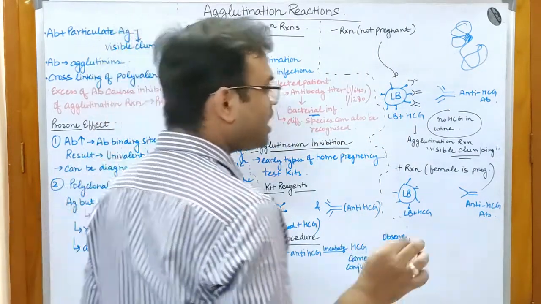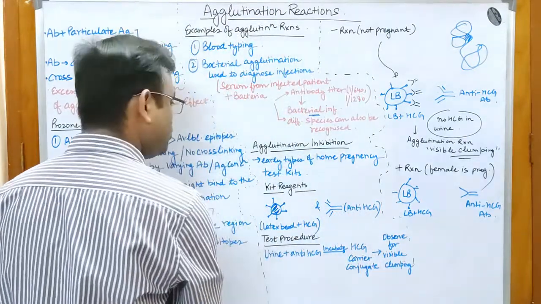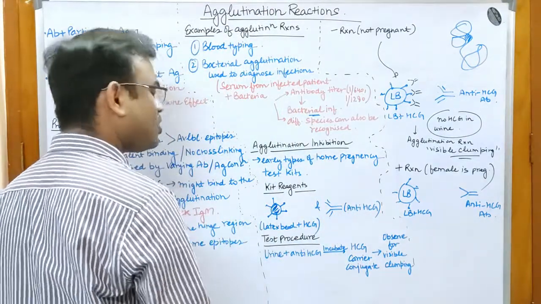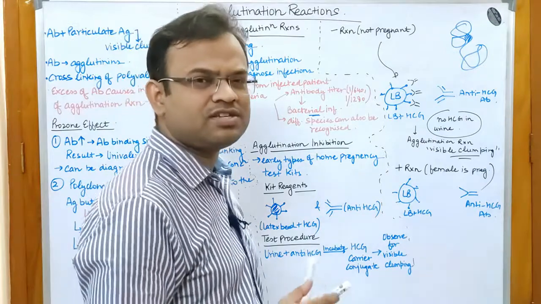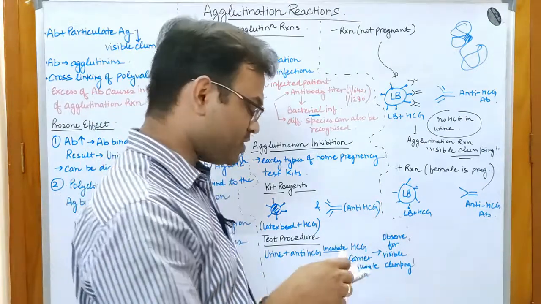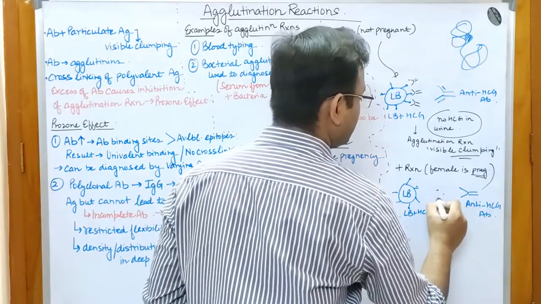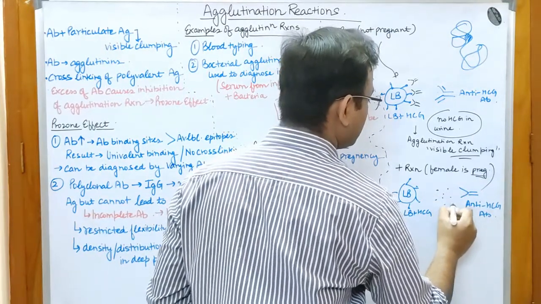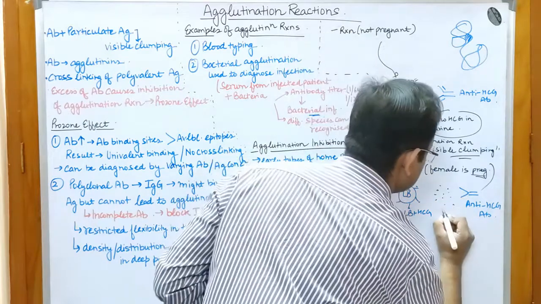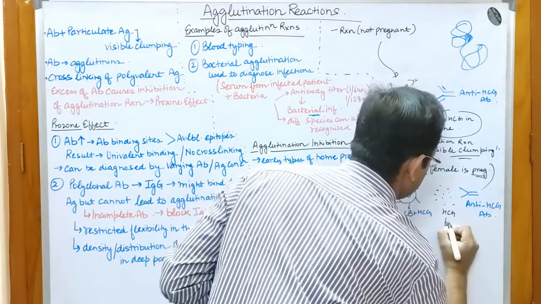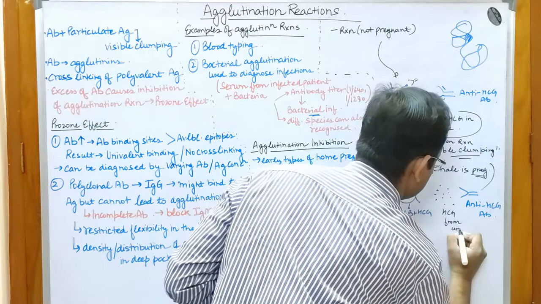Apart from that, HCG from the female urine is also present. Why? Because the female is pregnant. If the female is pregnant, there would be HCG molecules from the urine also.